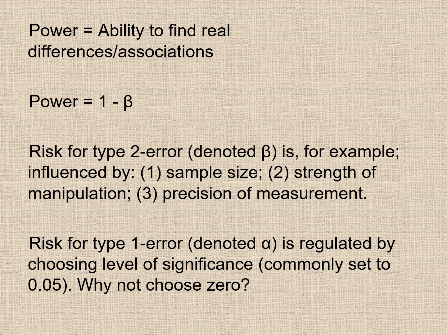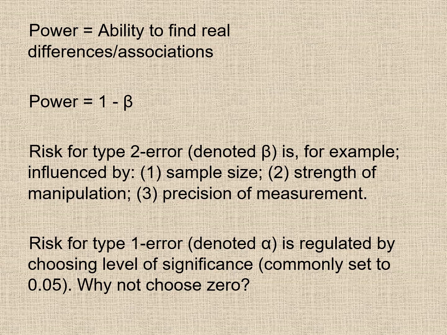One important factor in research is the power of the study. And the power could be said to be the ability to find real differences or associations. Or actually, it's even simpler than that. Power is a study's probability of giving a significant result.